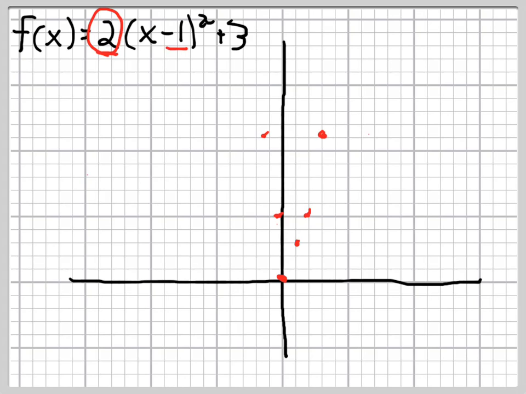By symmetry, that's going to happen here. I think these 5 points are going to be enough to make the parabola. So here is that whole graph, everything included. Again, moving the vertex right 1, up 3, and then moving the slope up 2 units, if you will.